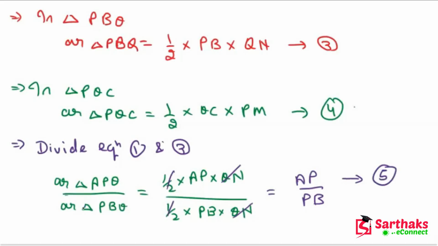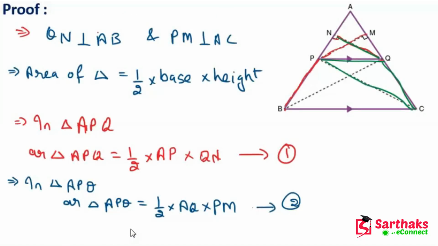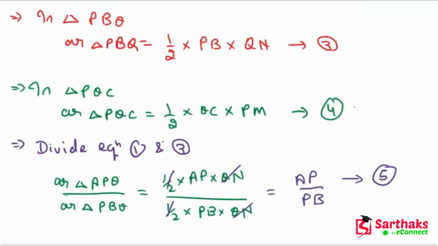I hope you get this point. Now, my dear friends, divide the second and fourth equations. The second equation is triangle APQ and the fourth equation is triangle PQC.